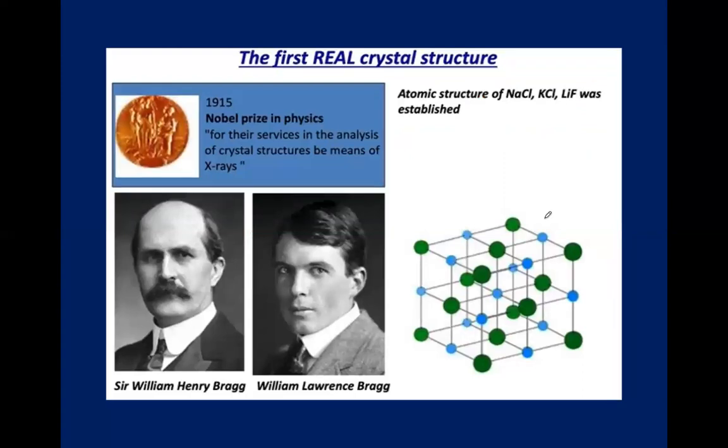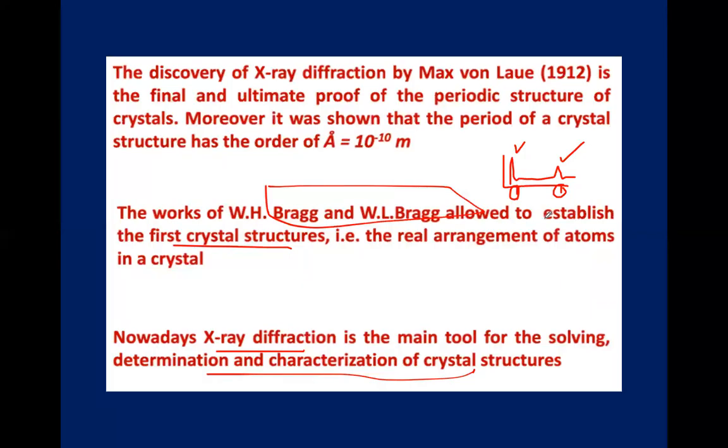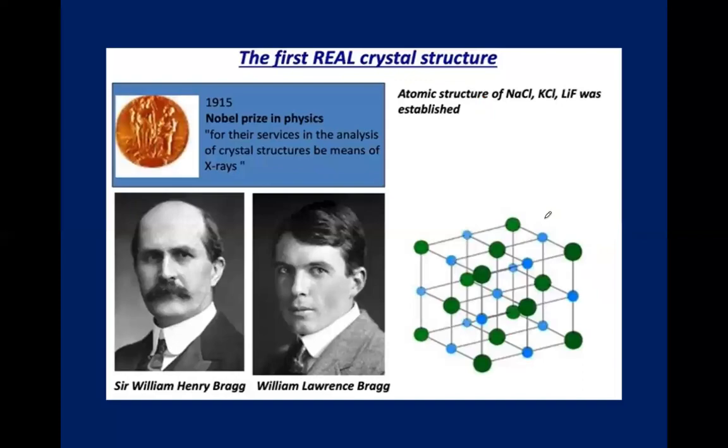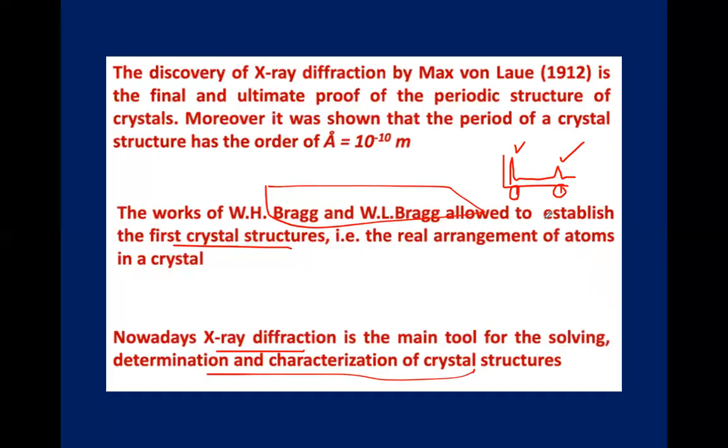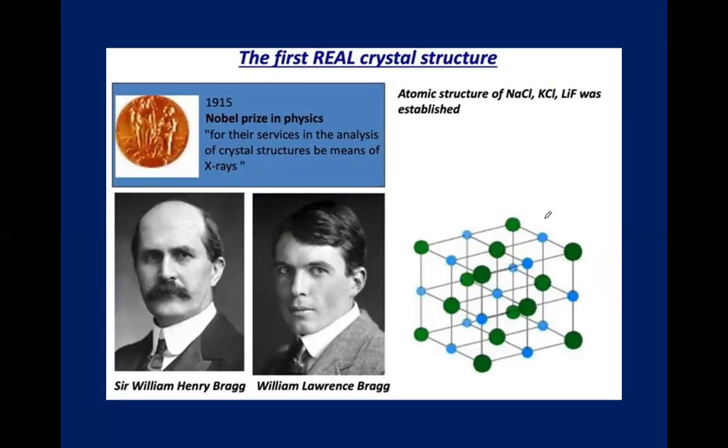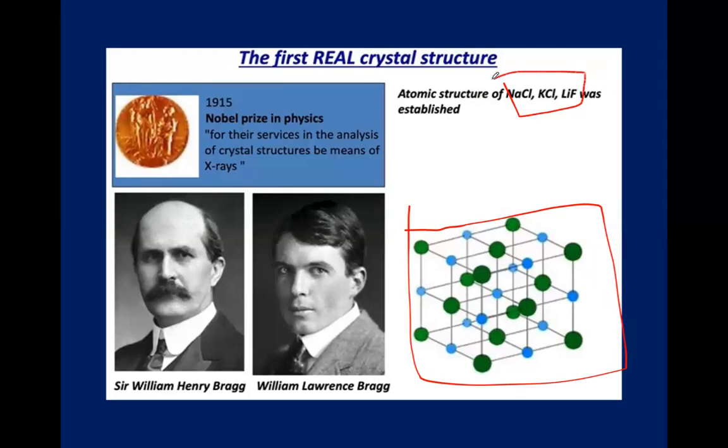The first real crystal structures came out as a result of continuous experiments started by Bragg, and then they could establish the internal structure of crystals. The real shapes of some crystals were revealed, for example sodium chloride and potassium chloride.